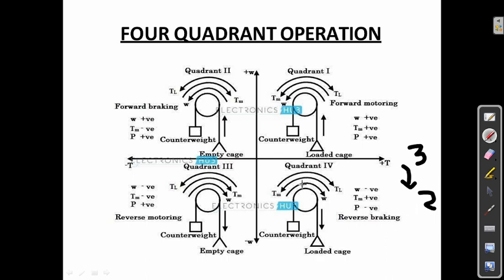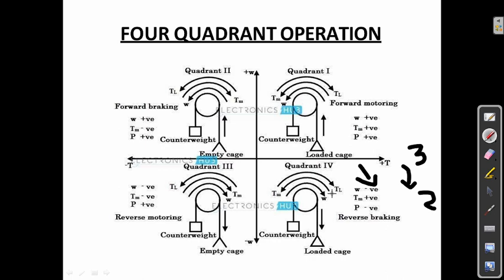But here it is in reverse because the speed is clockwise. So we apply the same concept, but we have to give reverse braking. That is the main thing because the lift is going downside. So we have to apply the reverse braking. How will it happen? With the change of the motor torque.